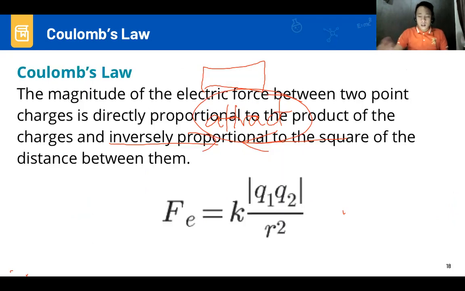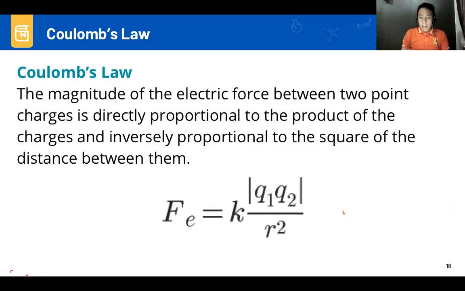So it will include solving using what we call Coulomb's Law. This is actually a short description of Coulomb's Law. Coulomb's law says the magnitude of the electric force between 2 point charges is directly proportional to the product of the charges and inversely proportional to the square of the distance between them.